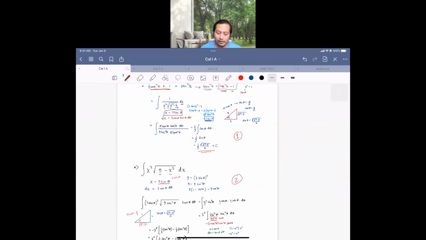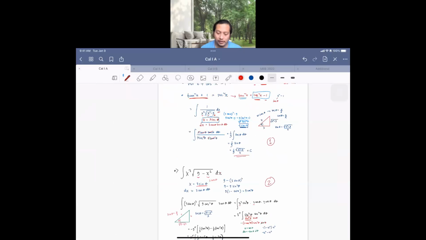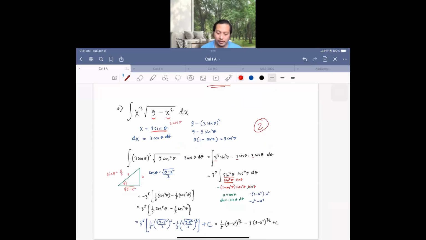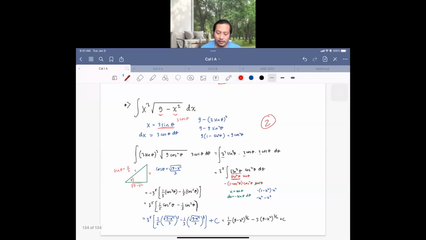That's the third case. For the first two cases you have a minus, either constant minus variable or variable minus constant. The third case will have a plus, a variable plus a constant. We are going to focus on that third case. So when we have the plus, then we can change the variable into tangent.